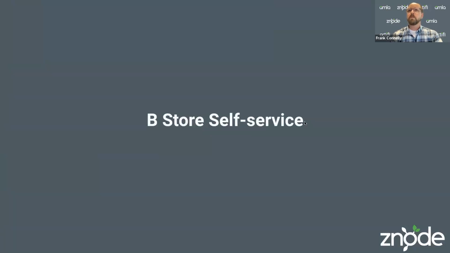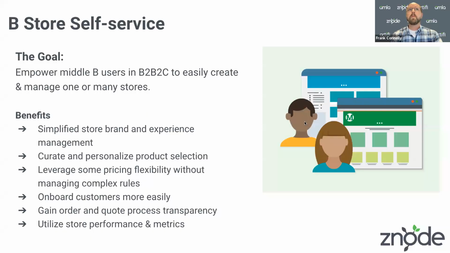All right, so the second part of what we want to show you today is what we're calling B store self-service, which is a key part of what we're trying to create here. The goal for this was to really empower the middle B users in B2B to X or B2B to C business models, right?